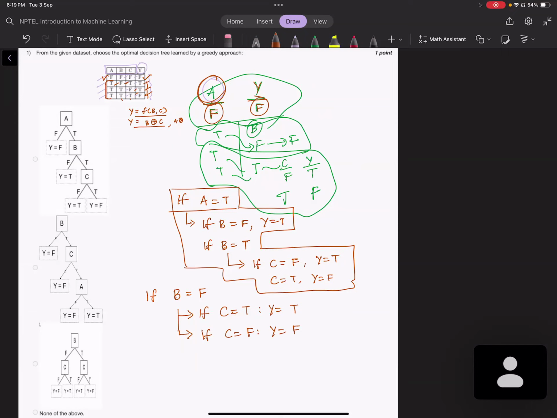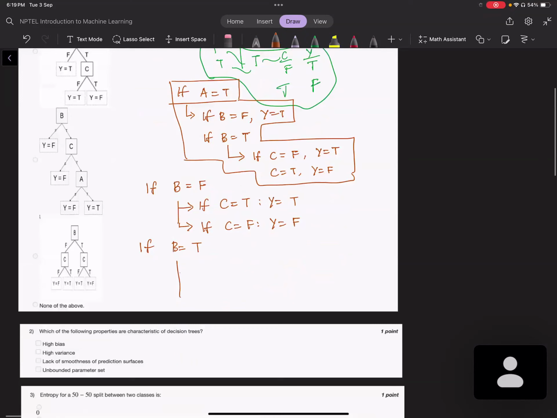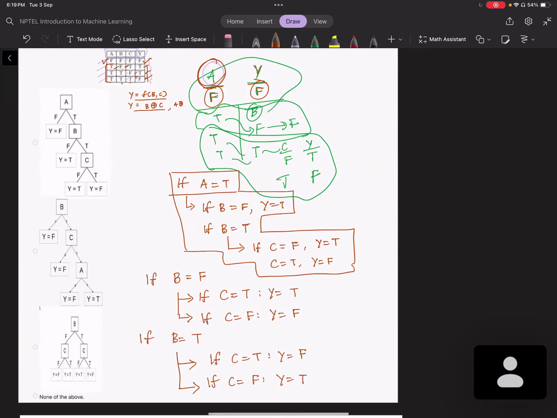False, false is false. False, true is true. Then again, if B equals true, again two parts. If C equals true, true, true is false, and if C equals false, Y equals true. True, false is true. All these things are taken from the data set here.